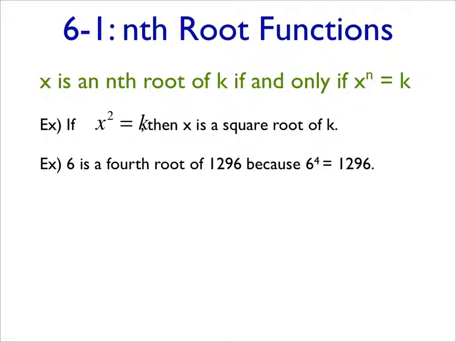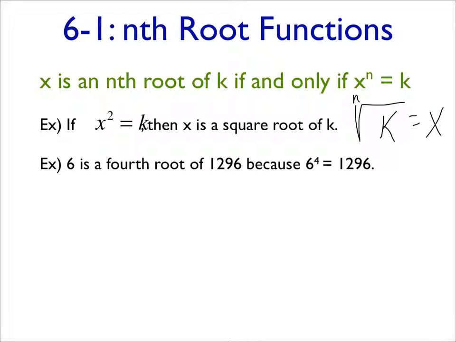Okay, first concept now, we'll launch right into it, is the idea of a root function. It comes from this expression right here: x is an nth root of k if and only if x to the nth power equals k. So another way of looking at that is you can take that backwards and say, well, if that's true, then if I take the nth root of k, it's got to equal x.